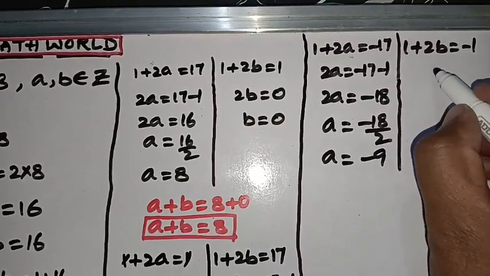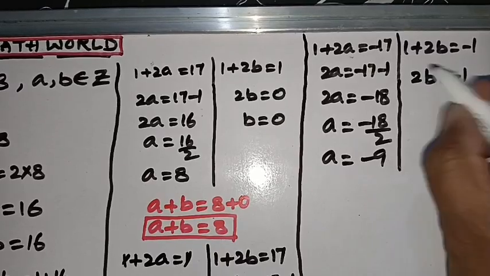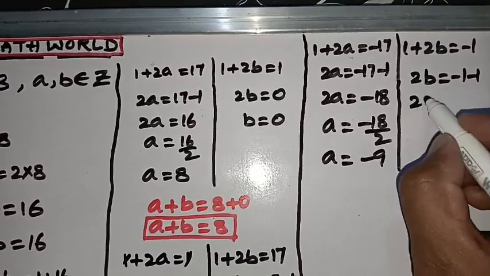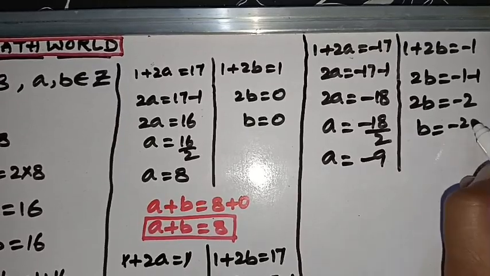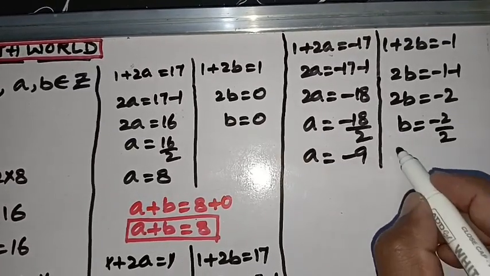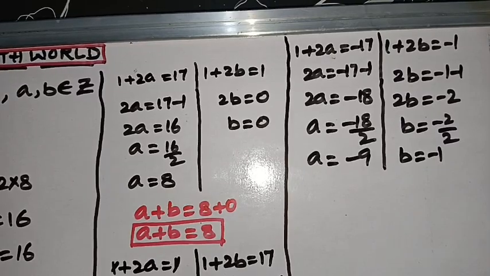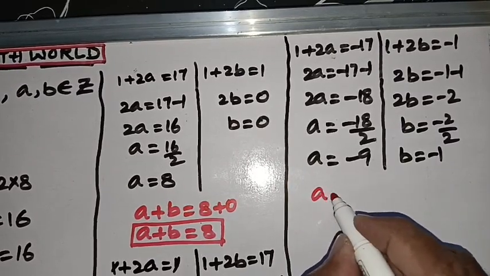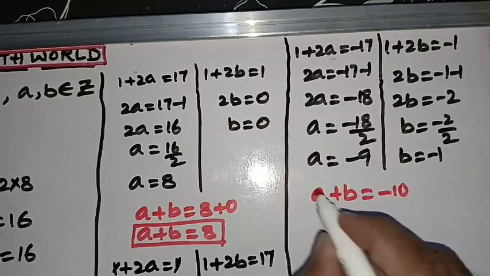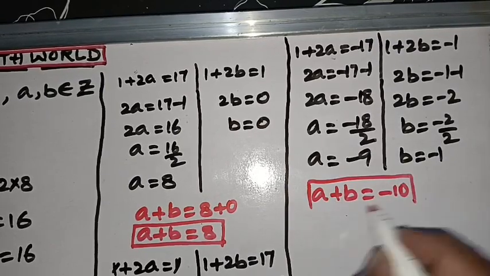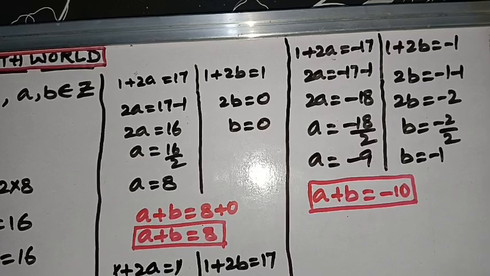And on this side b we want. So 2b = -1 - 1. So 2b = -2. b = -2 by 2. So b = -1. So here a + b = -9 - 1. We have the value -10. So a + b = -10.